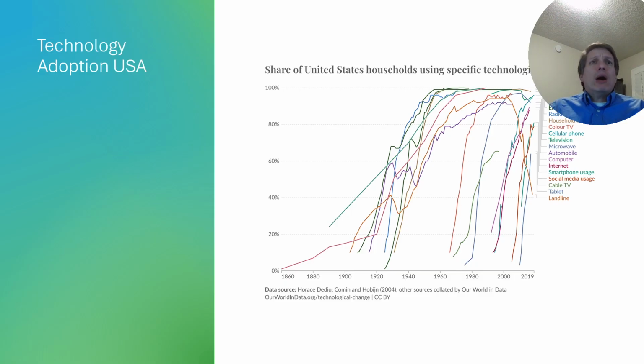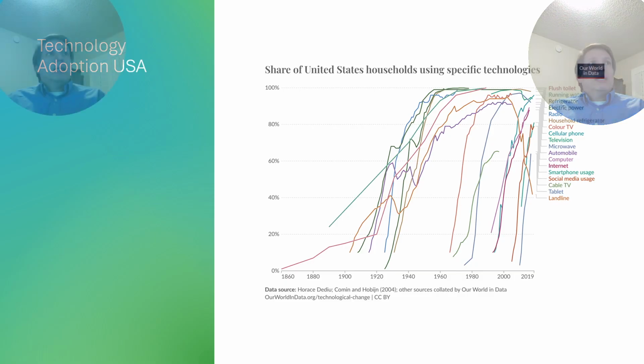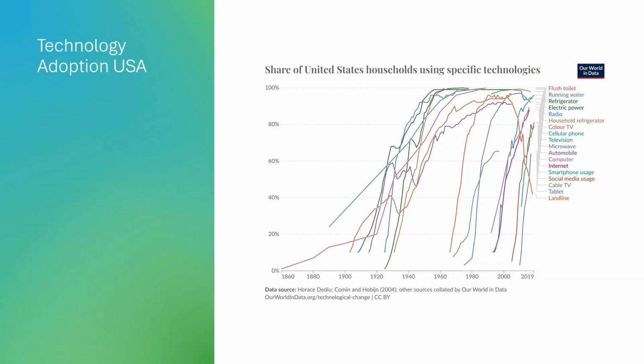And if we think about technology adoption in the United States, it is reflected by this graph. We can see that at the beginning, any technology took some time to be adopted. Even some technologies are not being used anymore, like the landline, but you can see that since the mid 90s and the 2000s, we have spikes in implementation of technology.